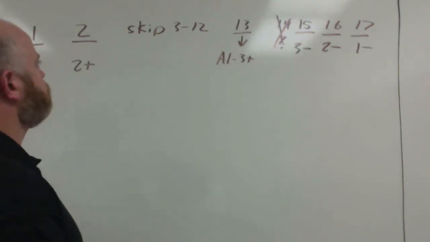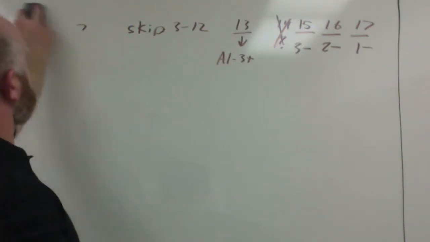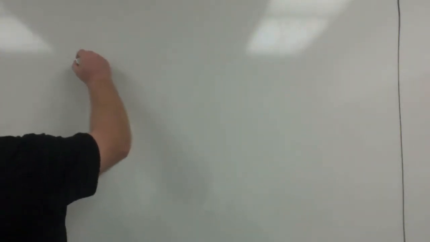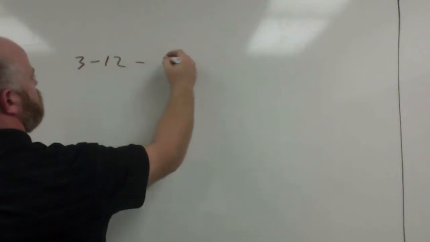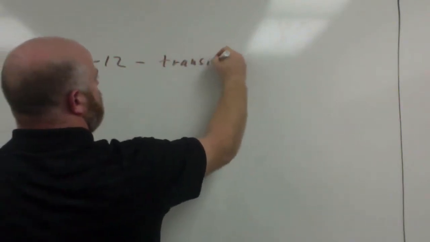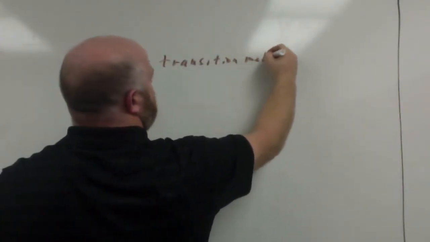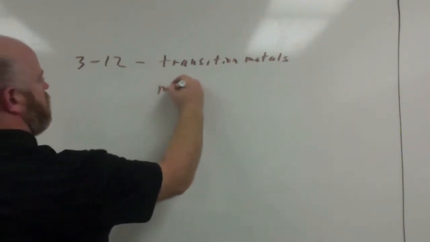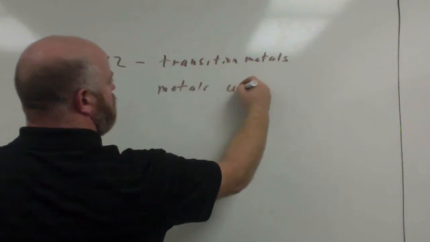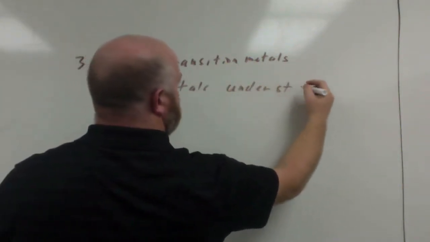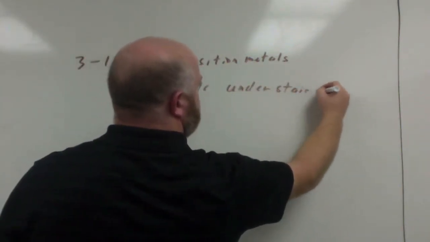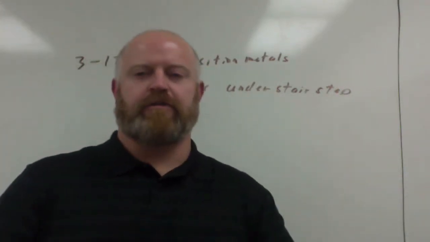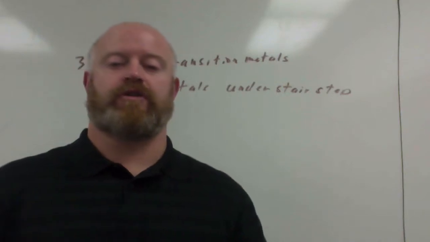Now, for the groups that we skipped, in the middle, groups 3 through 12, also known as our transition metals, and any metals under the stair-step line, we have to deal with those a little bit differently because we don't know their charges.